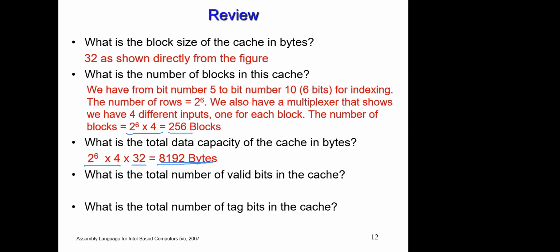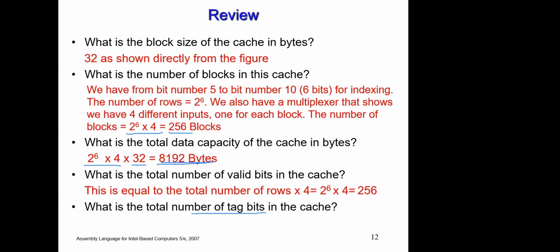How about what is the total number of valid bits in the cache? This will be basically the same amount as we had earlier for the blocks, because each block actually had a validity bit. What is the total number of tag bits in the cache?